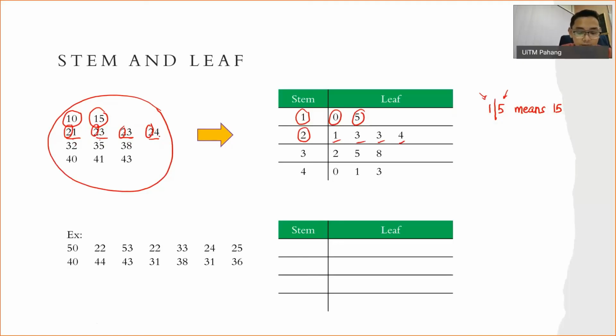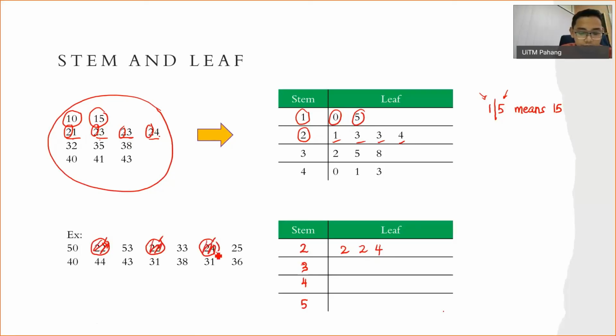Suppose we have this type of data. So look at your data. The smallest data is, in this case, actually 22, right? You look at 20 something, 22. So you should start with 2, 3, 4, 5. Okay, 2, 3, 4, 5. And then you have 2, 2, 4. And then you already marked this one.